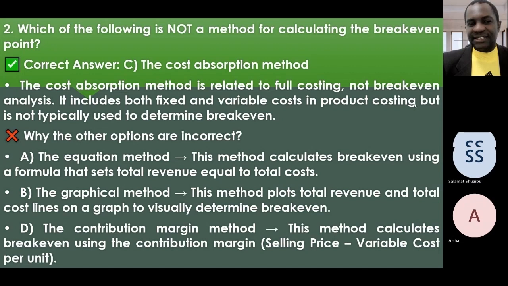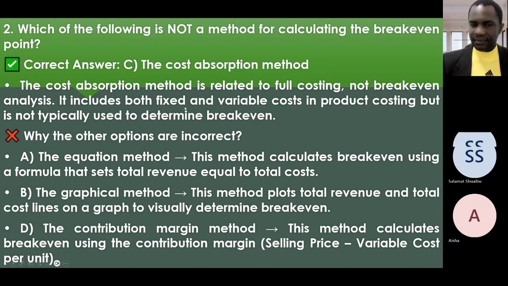So you can see from the explanation, the equation method calculates break-even using a formula that sets total revenue equal to total cost. That's what equation method means. While the cost absorber method is related to full costing, not break-even analysis. It includes both fixed and variable cost in product costing, but is not typically used to determine break-even.